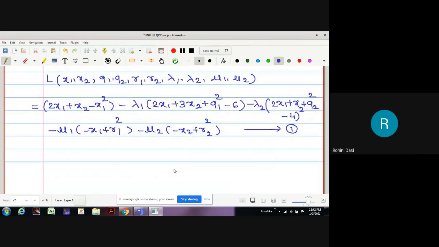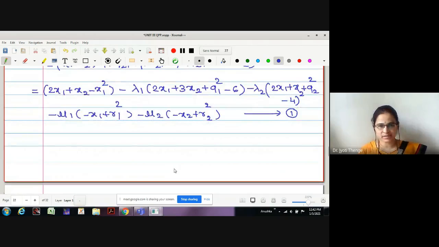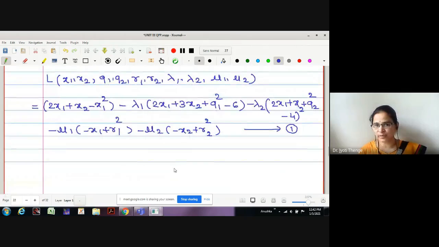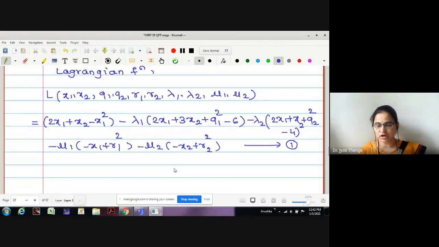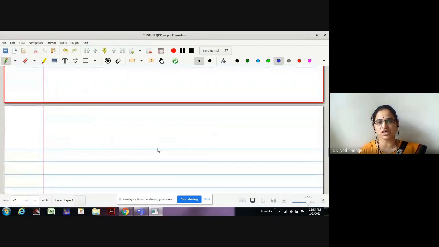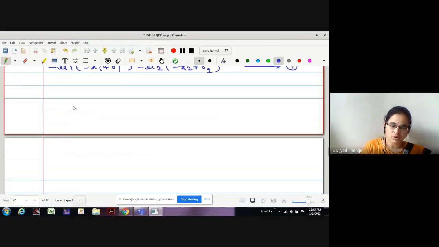Now we will go for the necessary and sufficient conditions. What job should we do for the necessary and sufficient conditions? Differentiating with respect to the original variables x1 and x2. If I differentiate with respect to lambda 1, lambda 2, this will give us the original constraints. Therefore, no need to repeat the process. We will follow the steps only for differentiating with respect to the original variables.